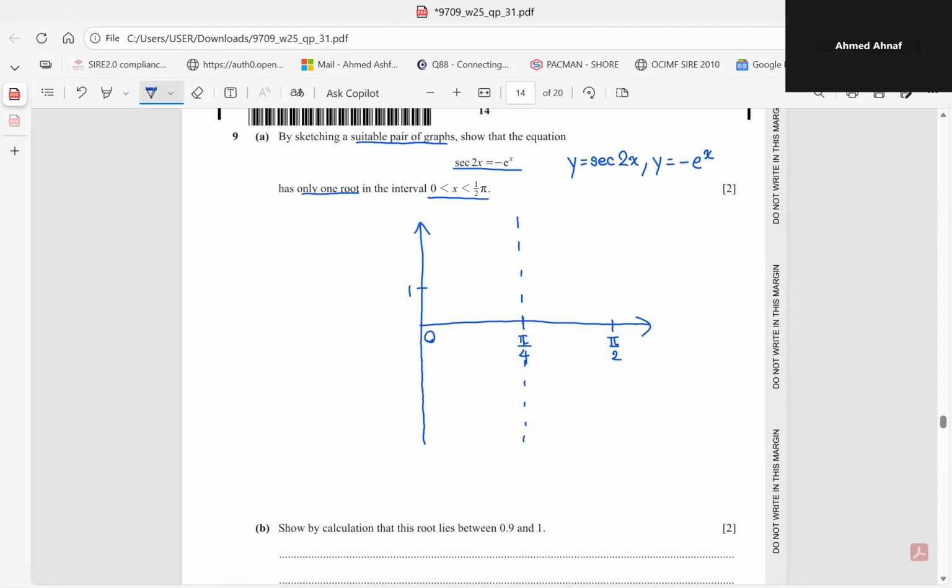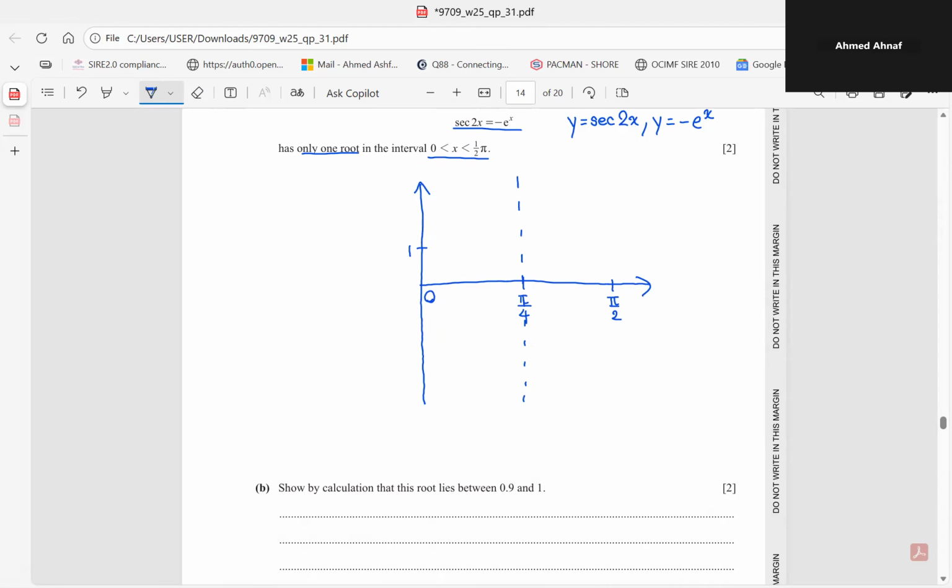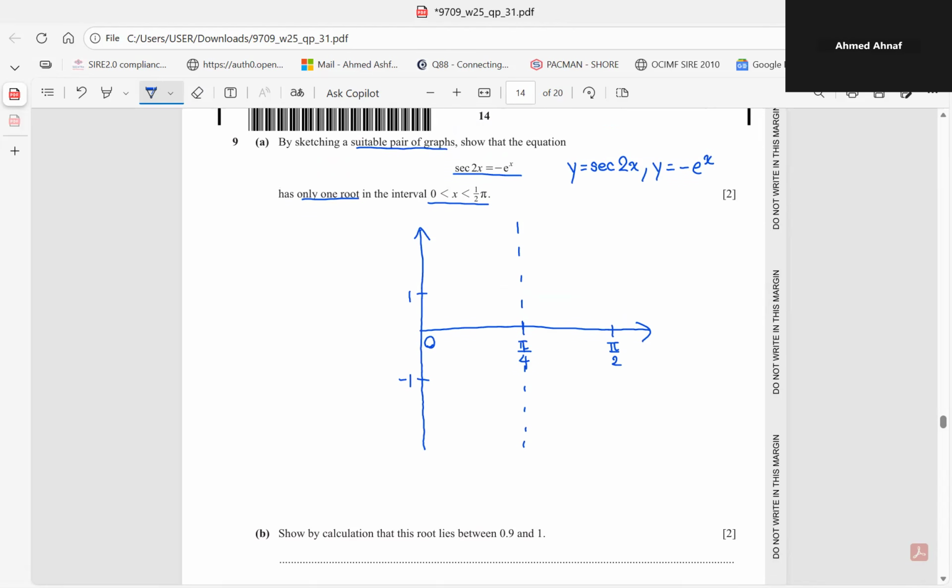And now let's do pi over 2. You would get negative 1. So negative 1 somewhere here. Okay, so let's substitute values of x between 0 and pi over 4 first to see whether it's increasing or decreasing.